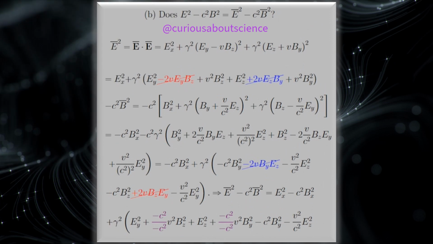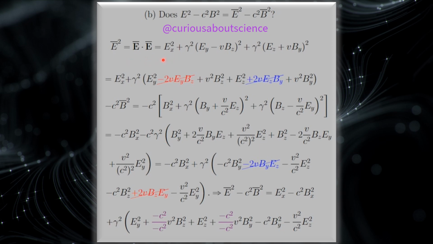All right, so for part B then, we have to ask ourselves the same question. Does e squared minus c squared b squared equal e bar squared minus c squared b bar squared? Again, we saw that the squares are a dot product, and of course it's easy to show that based on the transform field rules, taking a dot product yields something pretty quick.